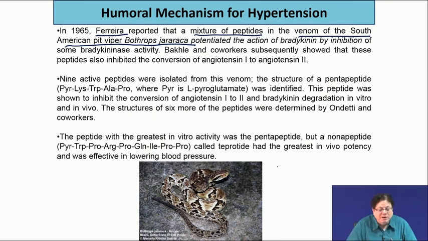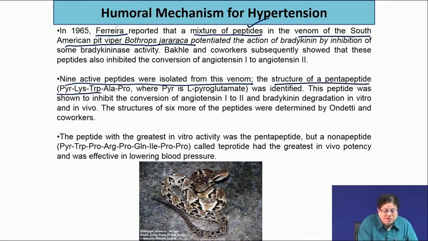From the snake venom, this person isolated a mixture of peptides, and they found actually how many peptides? 9 active peptides were isolated from this venom. Out of these, the structure of a pentapeptide was determined: PYR, lysine, tryptophan, alanine and proline.